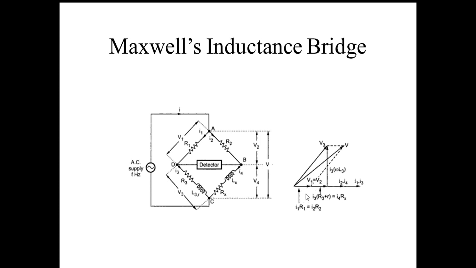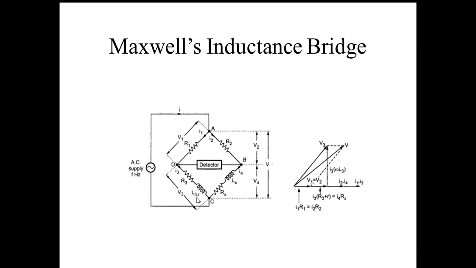So in the direction of I1 and I2, I1 R1 will be the same as compared to your I2 R2, right? So this is in the same direction of I1. Now when you're adding, in this case a small resistance r is also present. That is the internal resistance of this inductor.